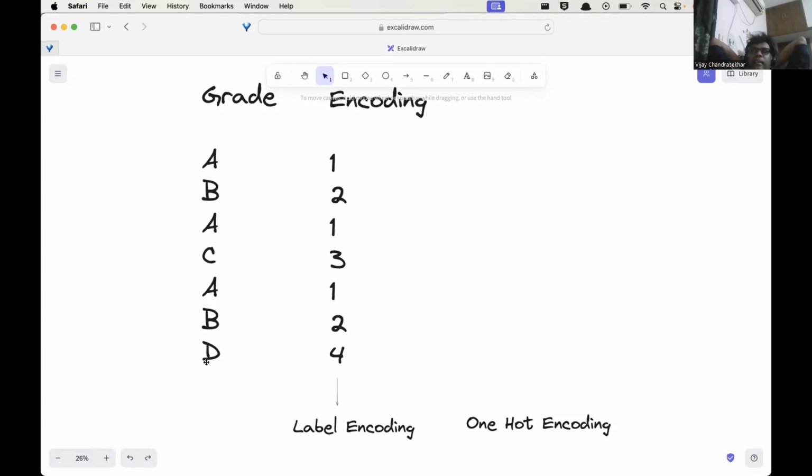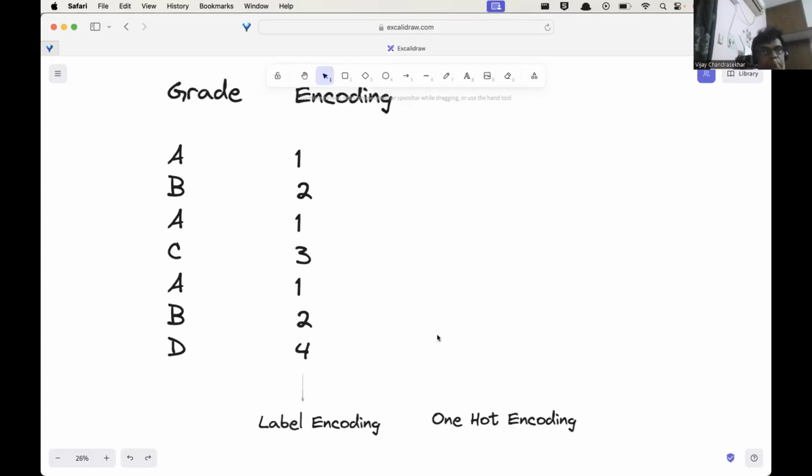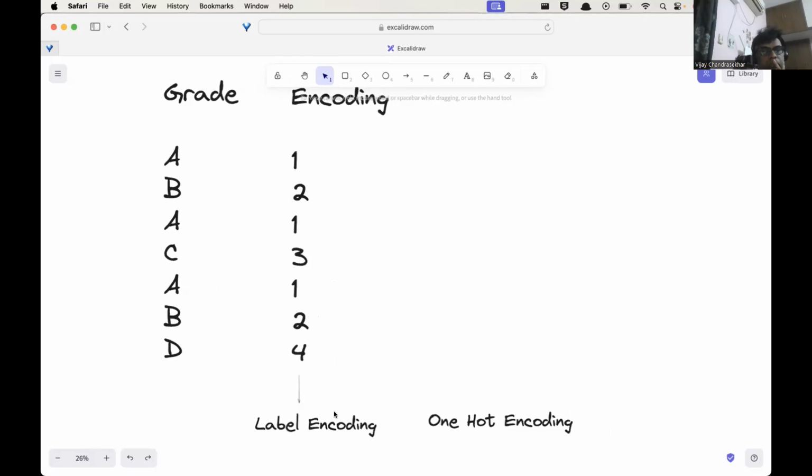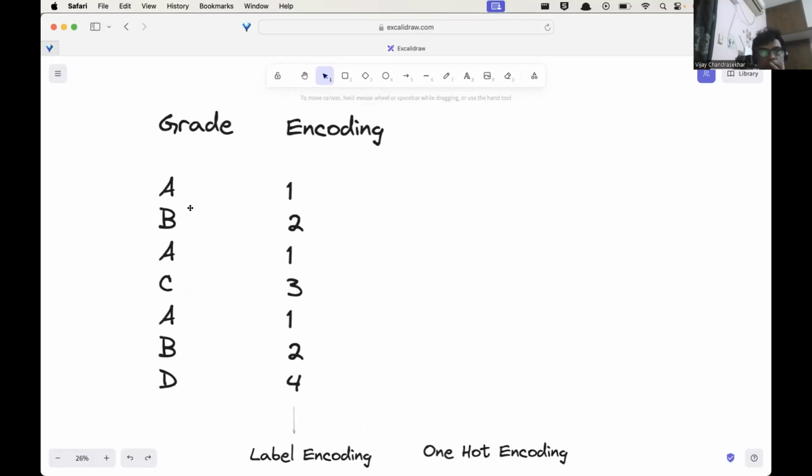Cardinality. Correct, that is the word. Cardinality means the number of unique values in a set. So cardinality here is 4. For every unique value that's out there, I'm going to create a column, right?